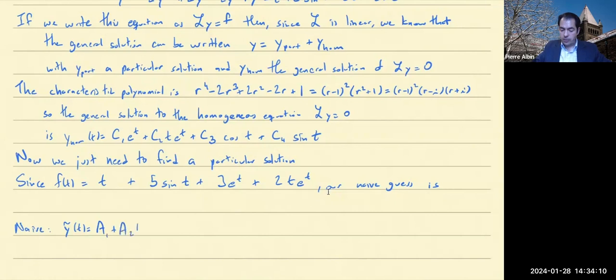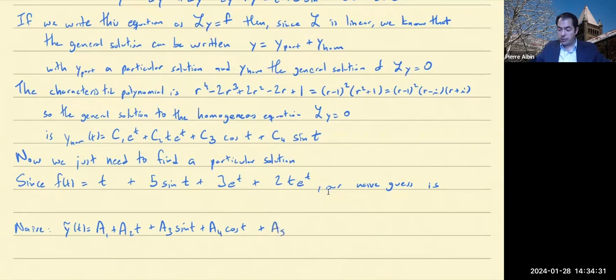So let's call it a1 plus a2t, right? Then sine t, so I should include some constant times sine t plus some constant times cosine t. And then I have here a polynomial of degree 1 times e to the t.